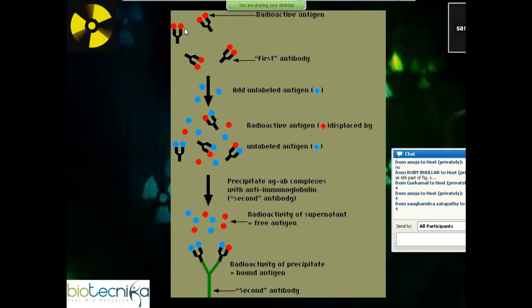The unlabeled antigen present in the sample will bind to your antibody, so that the radioactive element is removed from the antibody.